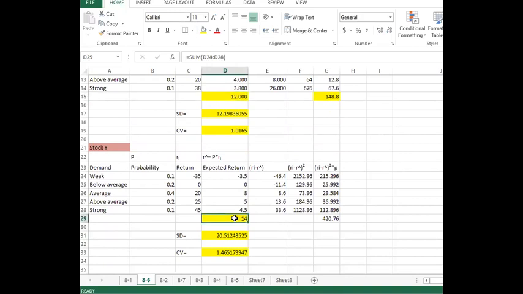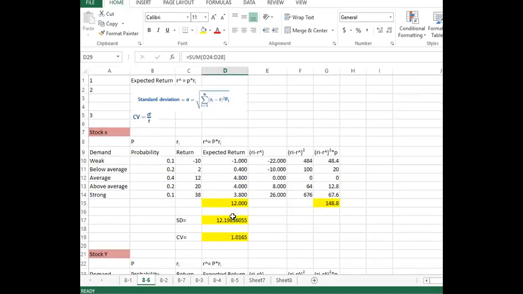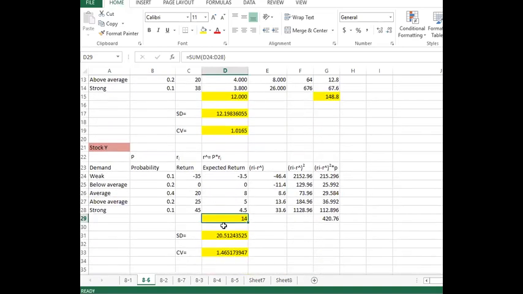So return is higher for stock Y as compared to stock X. So the risk should also be higher for stock Y. The standard deviation is 20.512, where here the standard deviation is 12.19. So higher return with higher risk, less return with less risk. This was problem 8-6.